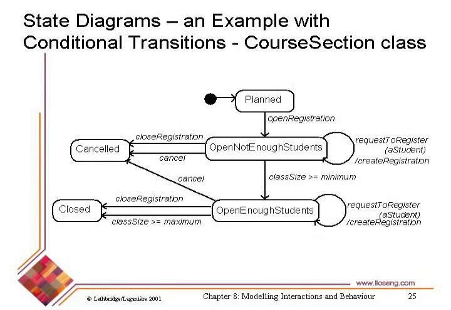The whole idea behind us being in a state is that the behavior will be different if you're in a different state. And this is the key piece of behavior that is different. Another piece of behavior that is different is class size greater than or equal to maximum. If we get to the maximum number of students we can accept in the course, we'll also go to closed automatically.